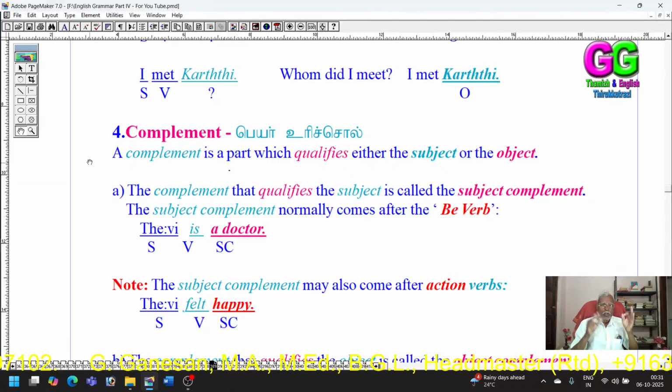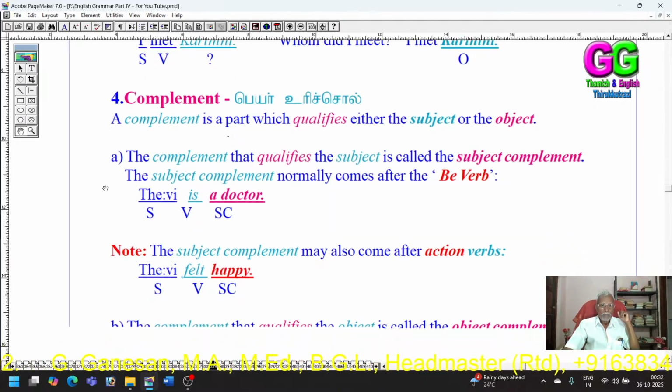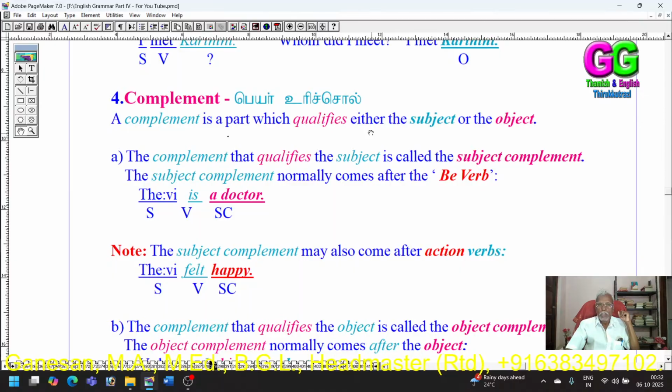Okay. Now, if the complement qualifies the subject, it is called subject complement. If the complement qualifies the object, it is called object complement. A complement is a part which qualifies either the subject or the object.